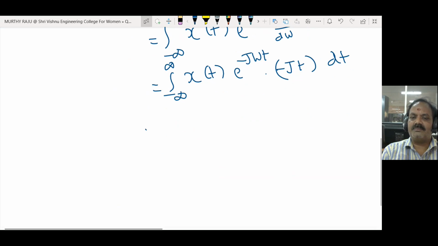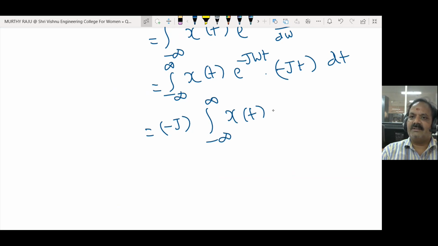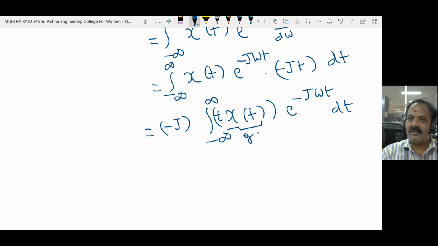That is equal to minus j brought outside the integral from minus infinity to plus infinity. The term t into x of t is grouped into one term, say g of t, times e power minus j omega t dt. So t into x of t as a whole is g of t.